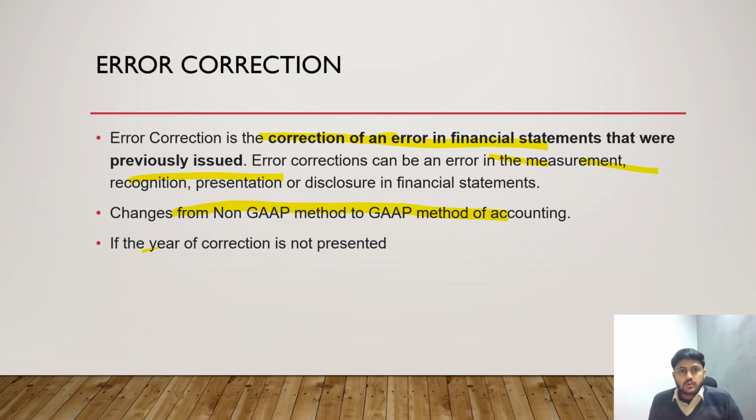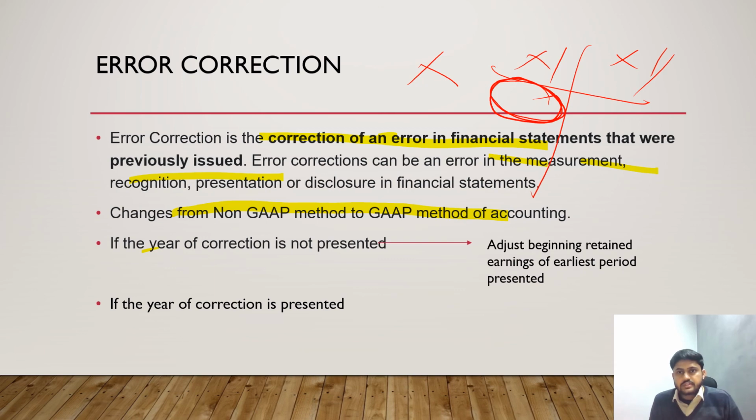If the year of correction is not presented, let's say you are showing X1 and X2 years, but for X year you are not showing the financial statements, then you have to show the effect of correction in the opening retained earnings of the earliest period reported, right?